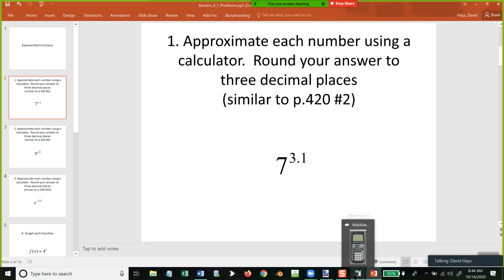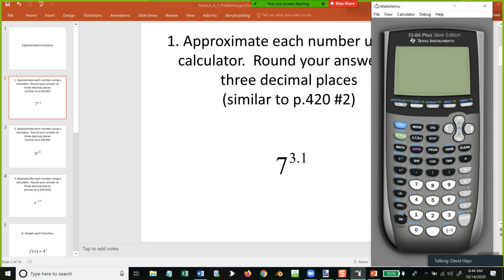Okay, this one we'll approximate each number using a calculator. So 7 to the 3.1 power, I do 7 caret 3.1 and enter. Make sure you're out of graph mode, and that gives us our answer. Rounded to 3 decimal places would be 416.681.